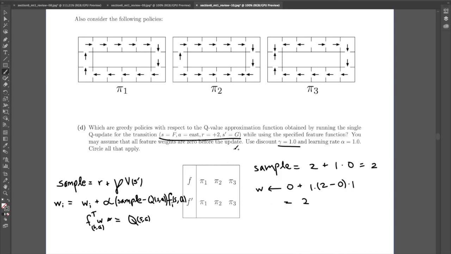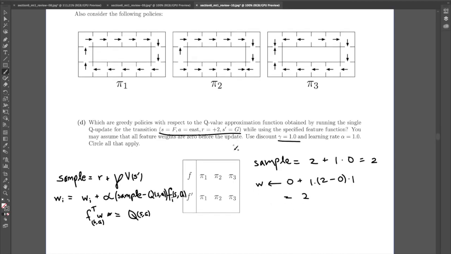And note that the cool thing about feature-based Q-learning is that now, even though we only found a single transition, now we have updated values for the Q values of all of these states. Why? Because for each of them, it's a different value of W, which is getting multiplied by F to find the Q value, right? Okay, so what does it mean for a policy now to be greedy with respect to these Q values?